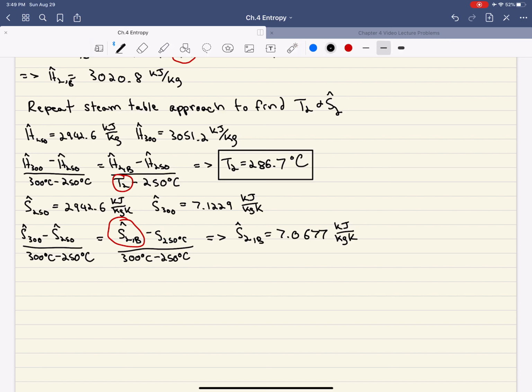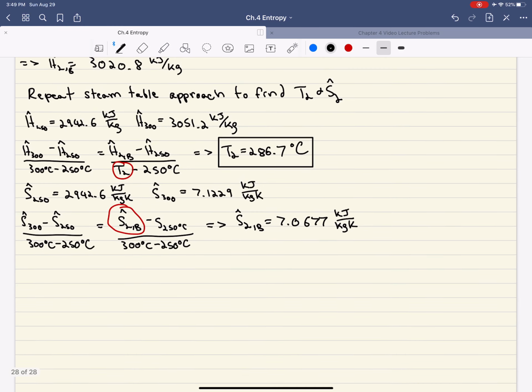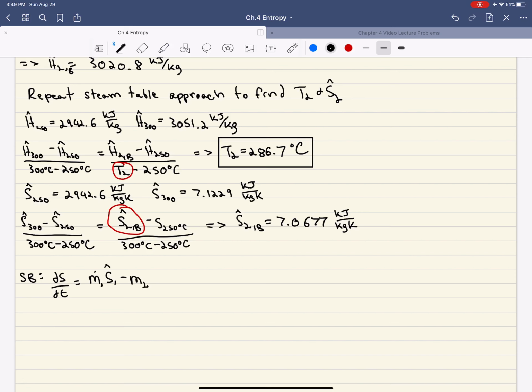Now that we have the S2 value, we can set up our entropy balance. dS/dt is equal to m1 s1 hat minus m2 s2 part B hat, plus any heats, which would go here, and then we also have Sgen dot. Even though the efficiency is lower, we're still adiabatic, so that's equal to 0.